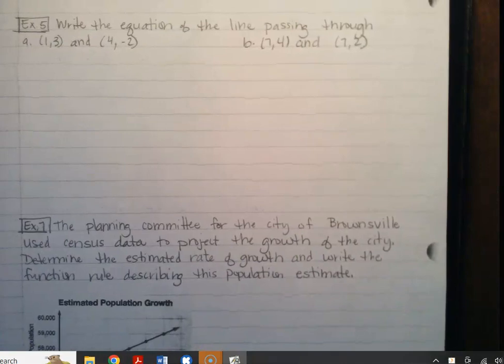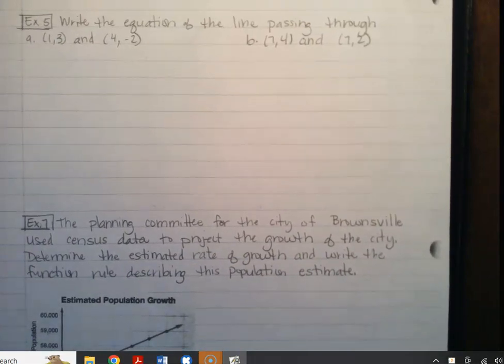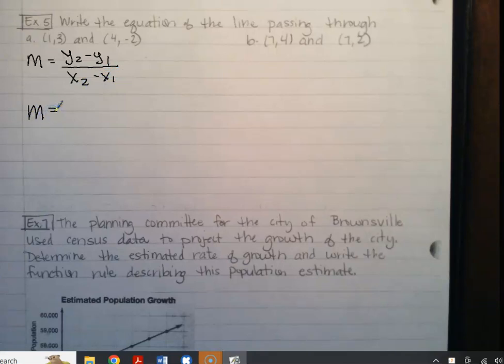All right, so he says, write the equation of the line passing through 1, 3, and 4, -2. So we have to find the slope first. So m equals the difference of our y values over the difference of our x values.